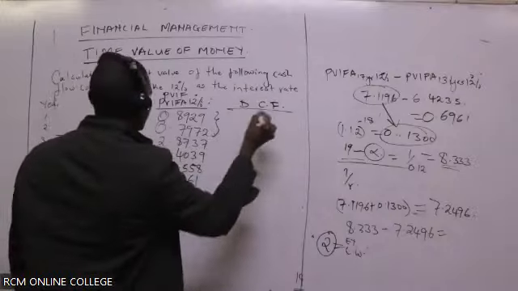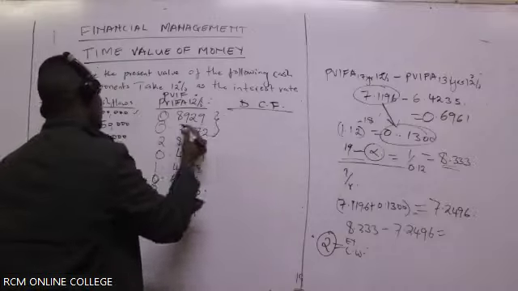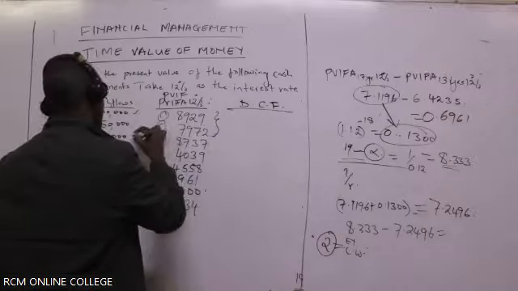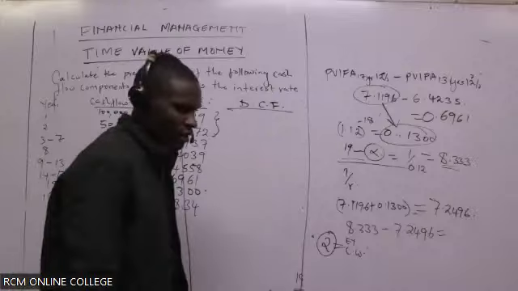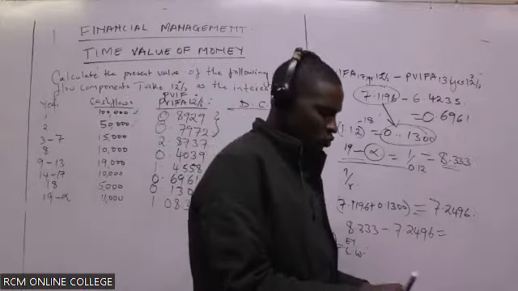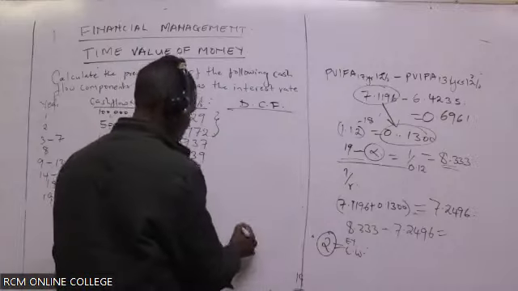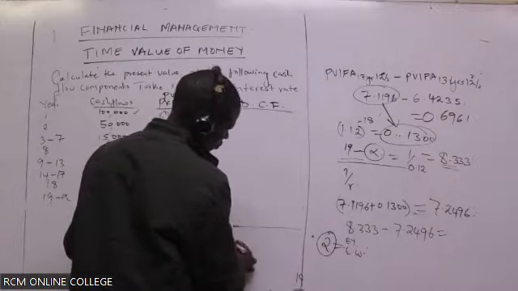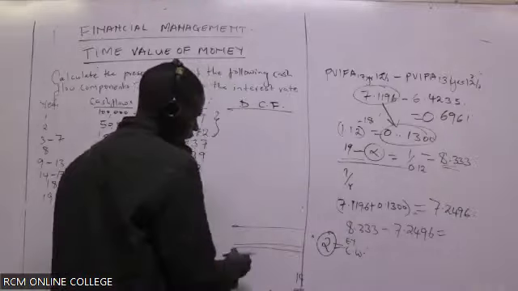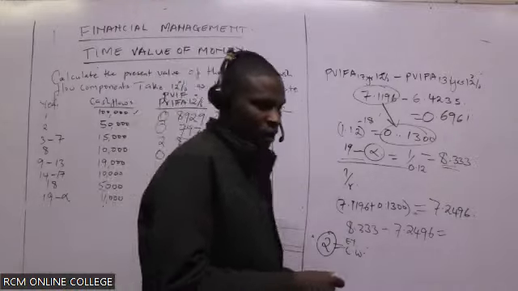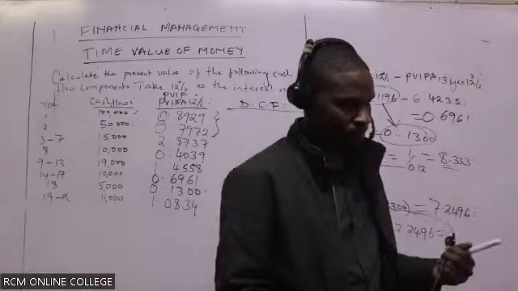I'm testing and looking to see who will be the first to give us the total present value here. Now you know how to do this. Go ahead and compute that.